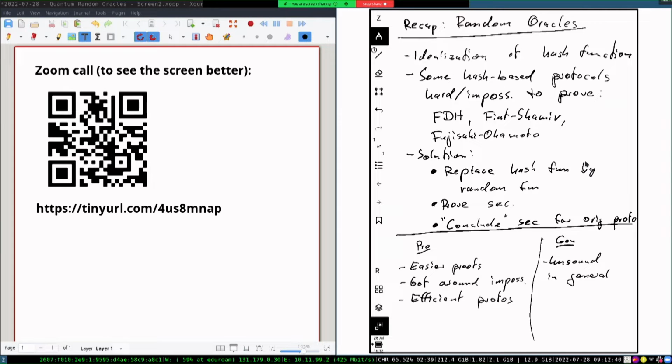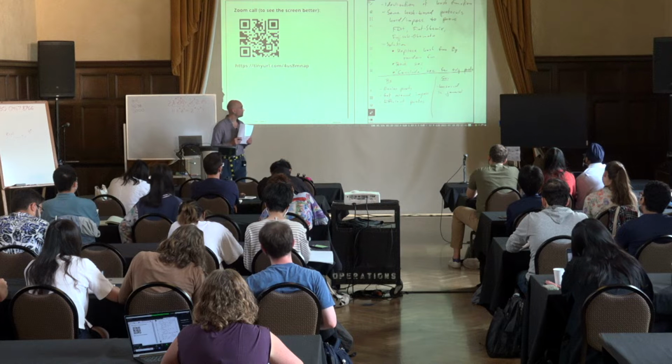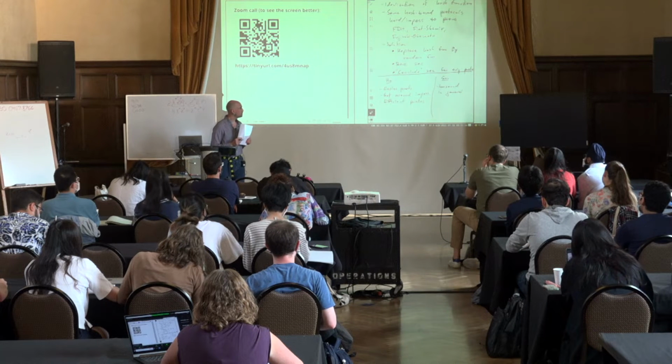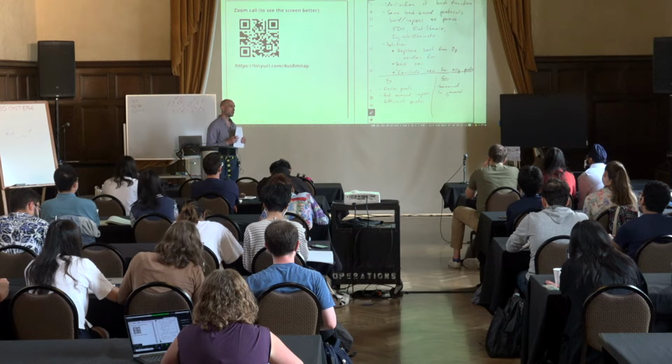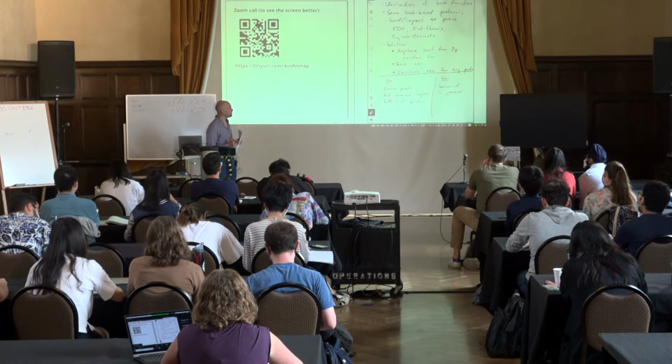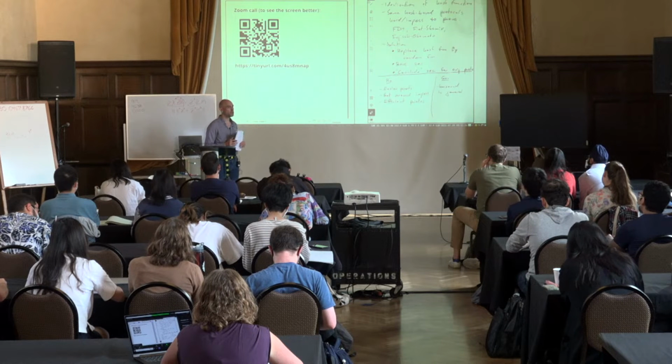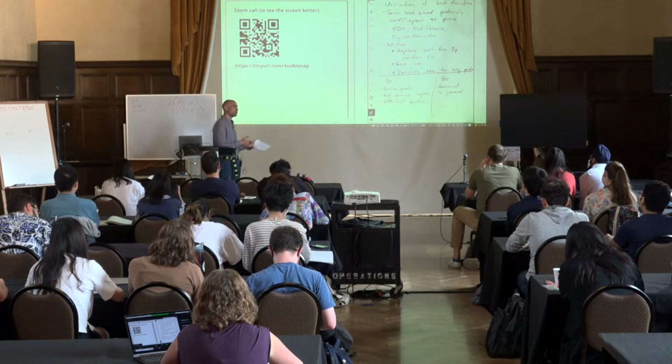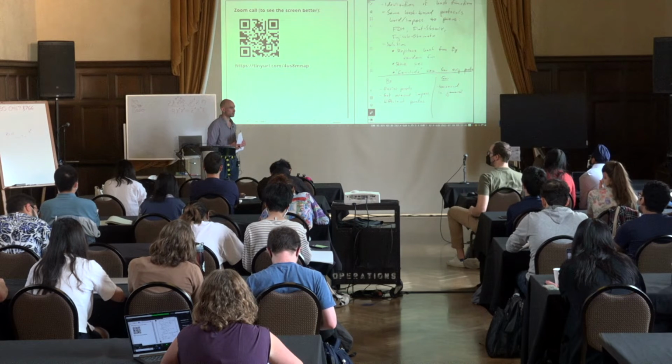Yes? Can you speak a bit louder? No, it means that for some protocols, we can show that we cannot find a proof for that protocol based on a hash function.